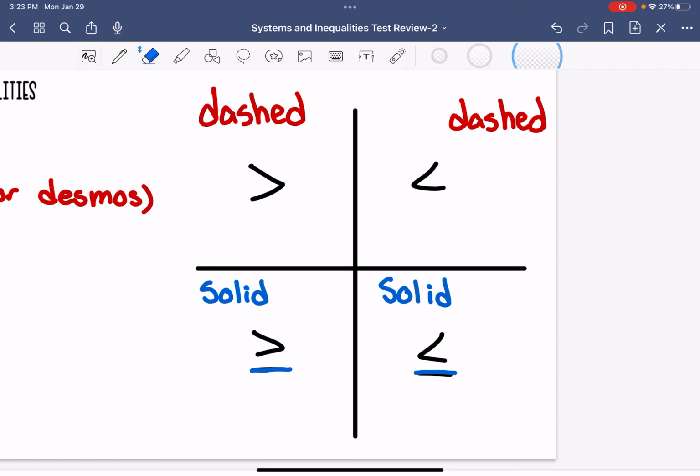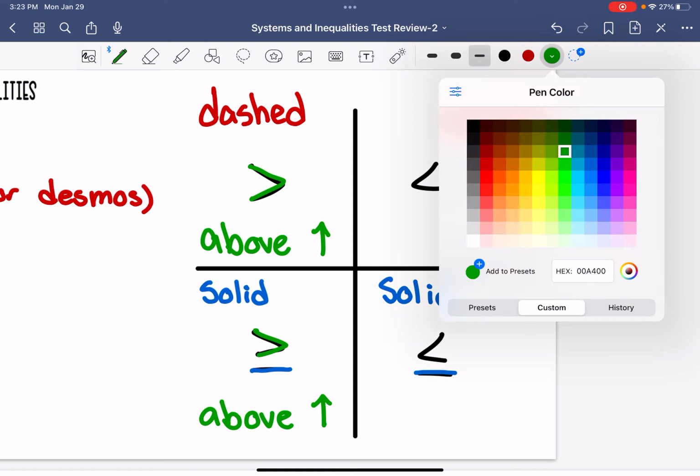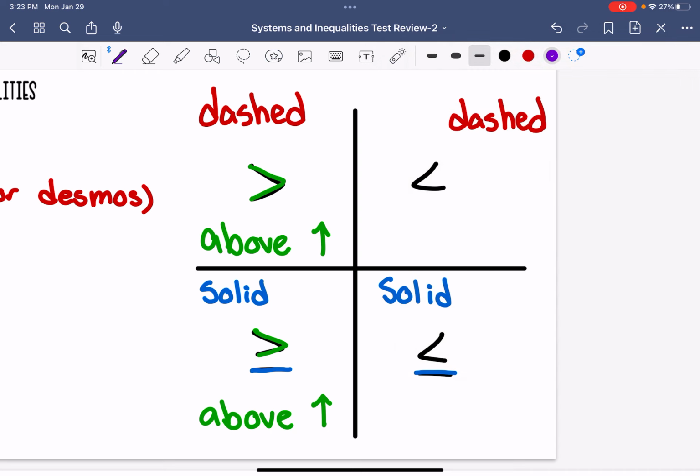These two on the left are greater than symbols, which means we're going to shade above. We're going to shade up, because they are both greater than symbols. And these two on the right, we are going to shade below or down because they are less than.